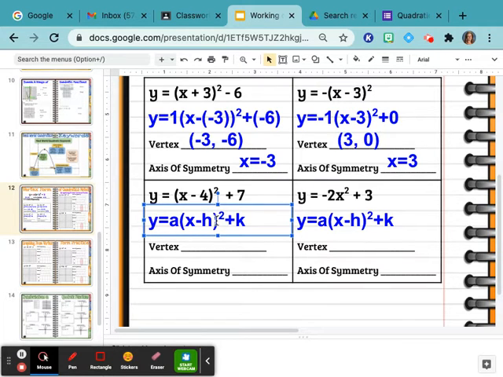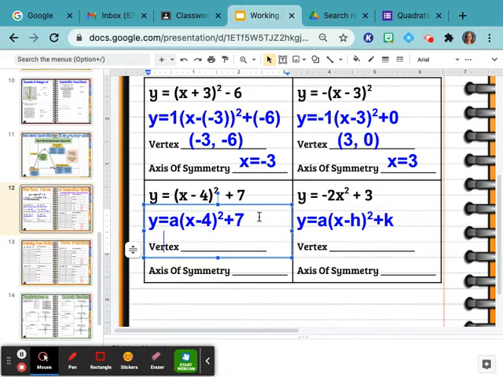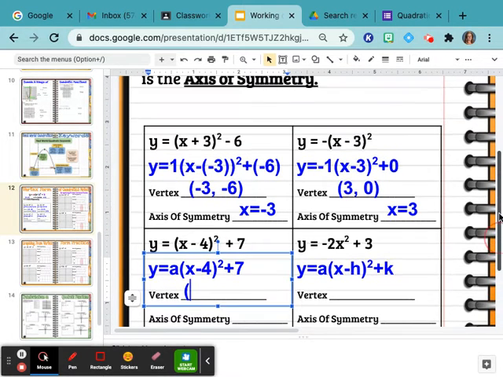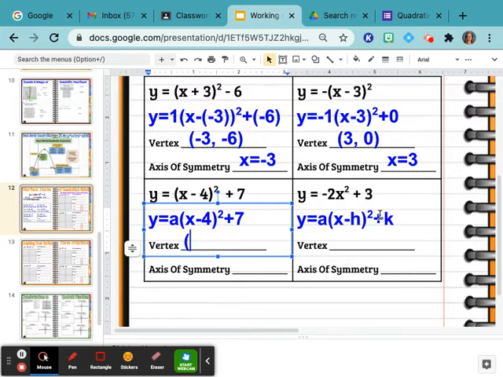Okay, so let's go ahead and look at it. What would the h value be? What's the k value? So what is our vertex? No, because our formula is plus k.